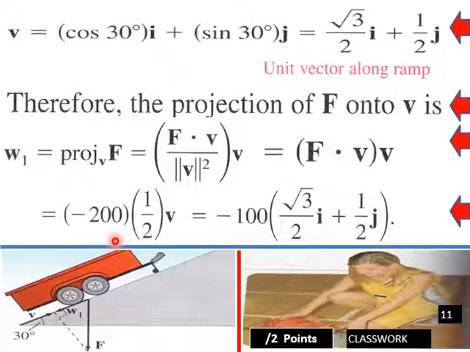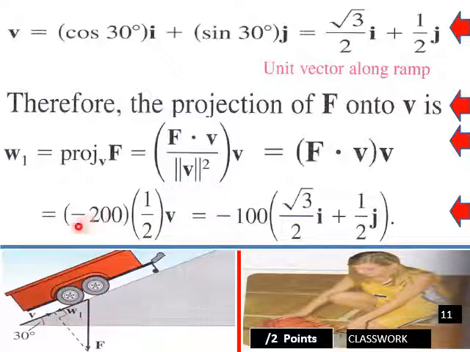We have negative 200 multiplied by 1 over 2, which is the exact value of sine 30, because of this 30-degree angle of our ramp.